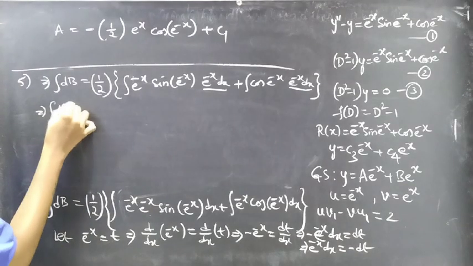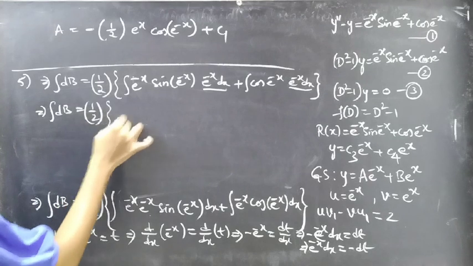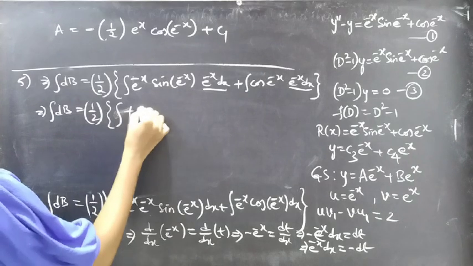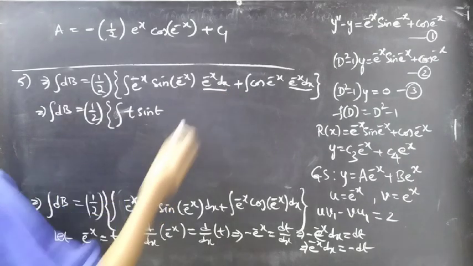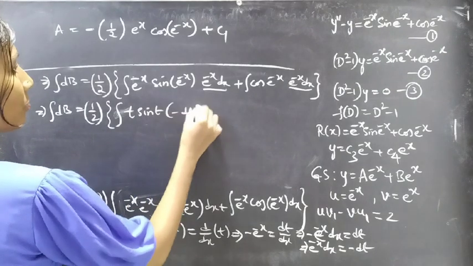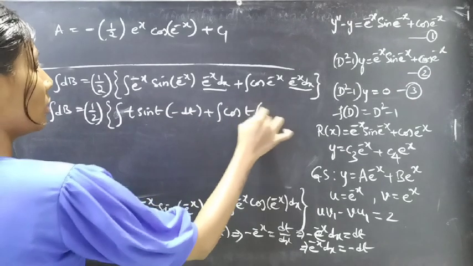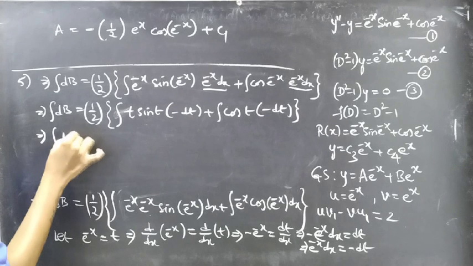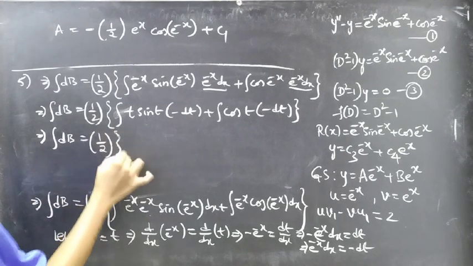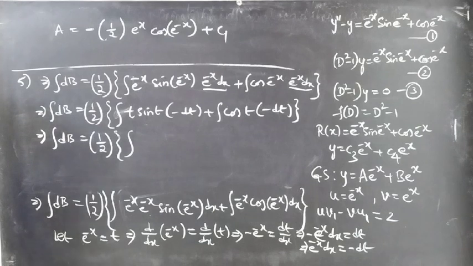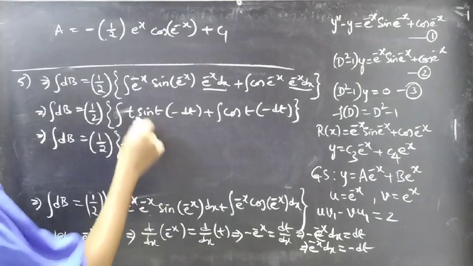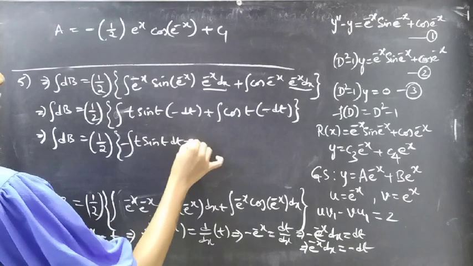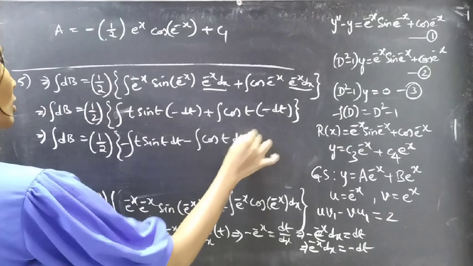This gives us integral db equal to 1 by 2 into integral, replace e power minus x by t, we'll get t sine t. E power minus x dx can be replaced by minus dt, plus integral cos t into minus dt, which gives us integral db equal to 1 by 2 of minus integral t sine t dt plus minus integral cos t dt.